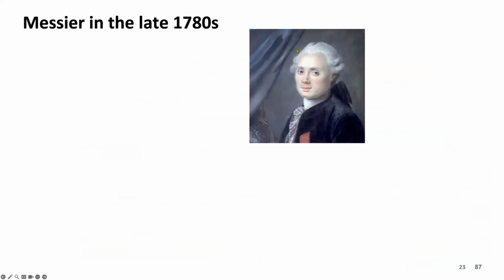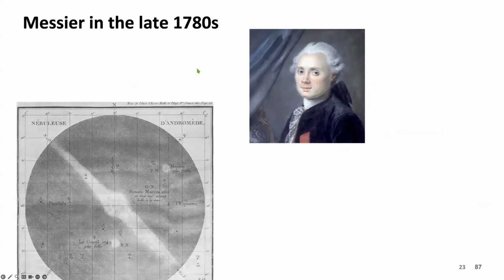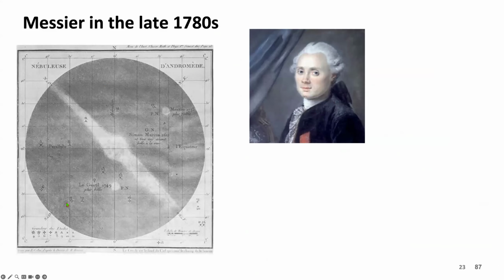Messier, a French scientist, even in the late 1700s, was doing hand drawings of astronomical objects. Here's an example of one of his drawings. This is the Andromeda Nebula. He called it a nebula. Nebula kind of translates into the word cloud.